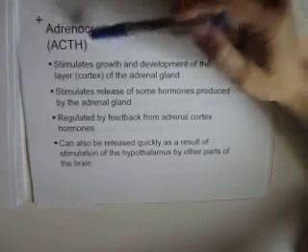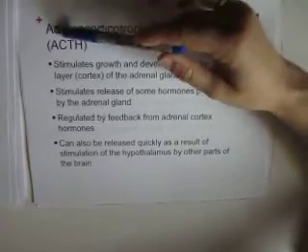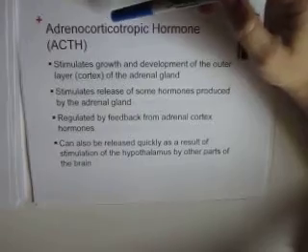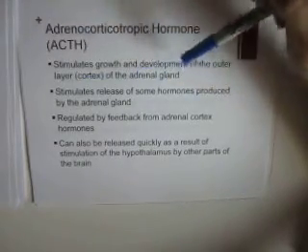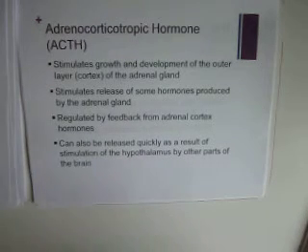So the cortex of the adrenal gland, that's where we're headed. It stimulates growth and development of the outer layer, the cortex of the adrenal gland, and stimulates release of the hormones produced by that adrenal gland, and cortisol is one of those that happens to be related to that.